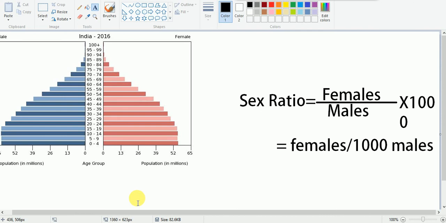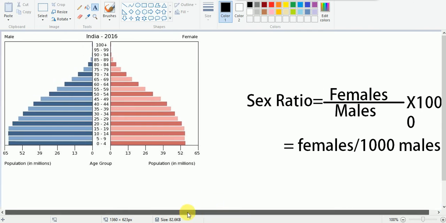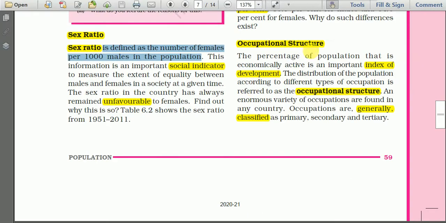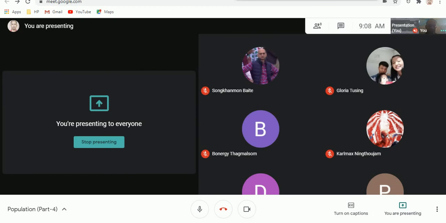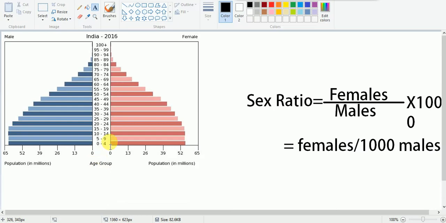And a population pyramid also shows the picture of this sex ratio. Just see here, this is a picture showing the population pyramid. The right side shows females and the left side shows males, and these are the different age groups for the year 2016.